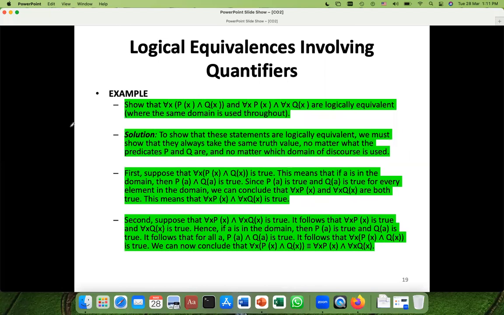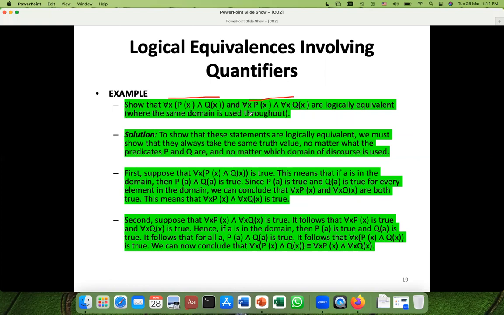Now, this is an example, but it is theoretical. In this example, we are showing that the two statements are logically equivalent just with theoretical discussion, not by truth table, not by replacement of statements. We show that this one and this one are logically equivalent.